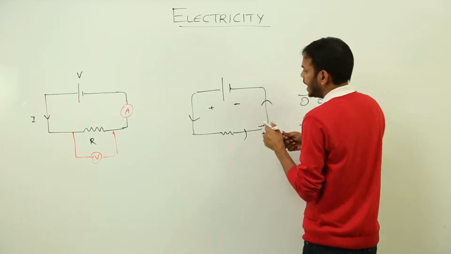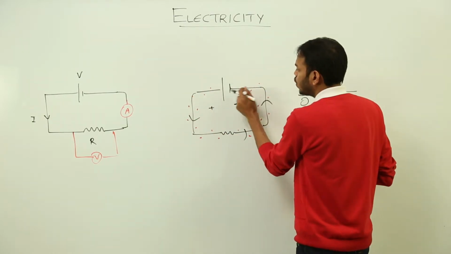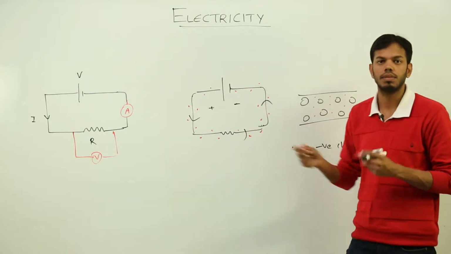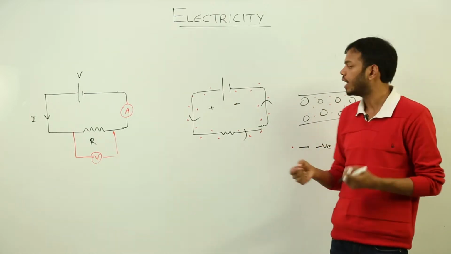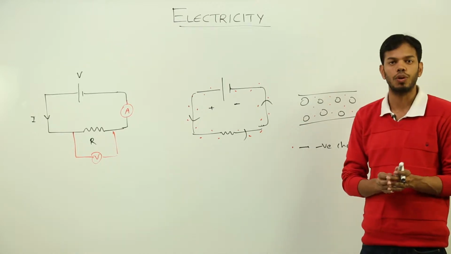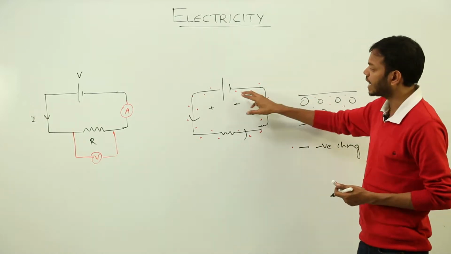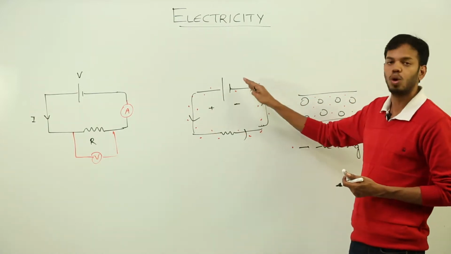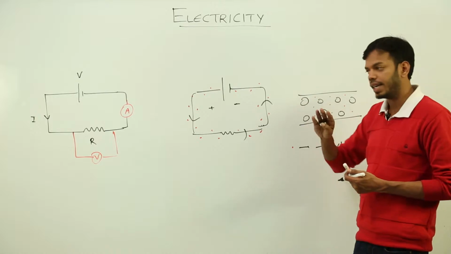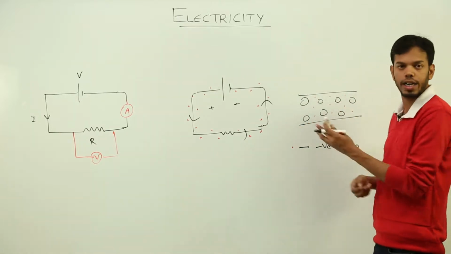So if these electrons are flowing, how can the negative charge flow towards the negative? That's contradictory, right? Because negative and negative will repel each other. This is a very basic law of physics which we know. Like charges repel each other, unlike charges attract each other. So negative are obviously not going to go towards the negative terminal, but we know that current is due to electrons only. So what is wrong here?